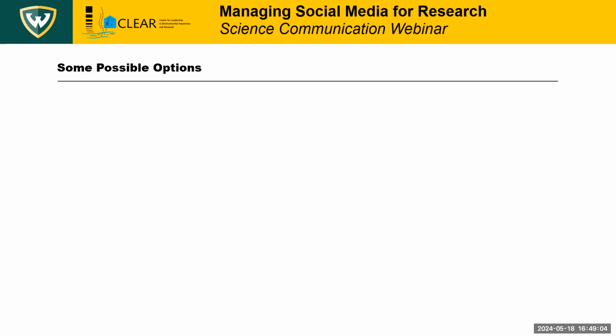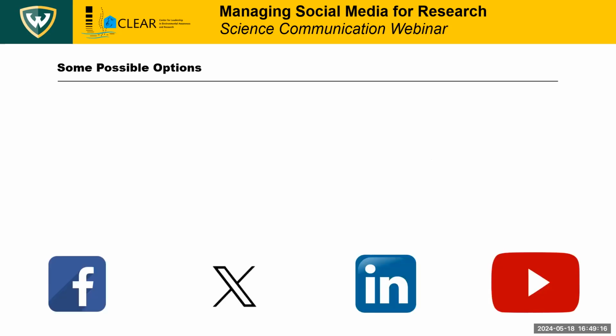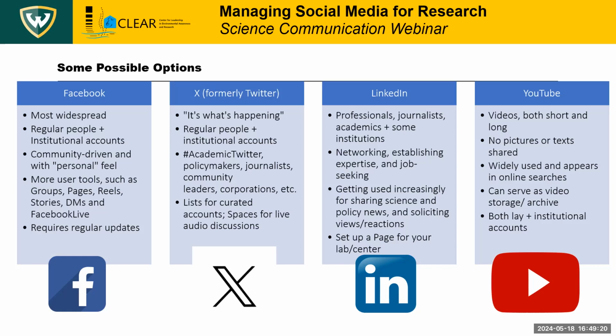The 4 most common social media platforms used by researchers are Facebook, X, which was formerly known as Twitter, LinkedIn, and YouTube. Facebook is the most widespread and comprises both regular people and institutional accounts.